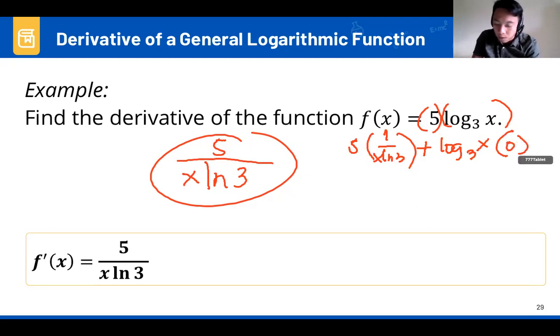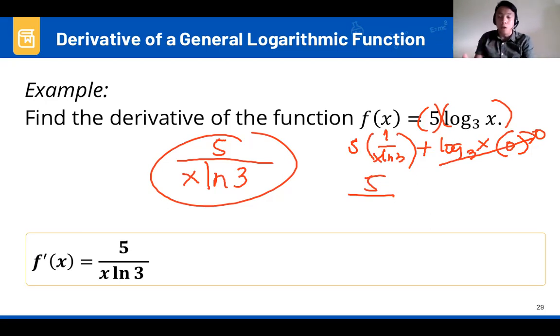So this part will become 0, and we have 5 times 1 over x ln 3. So we have the final answer, 5 over x ln 3, which is the same.